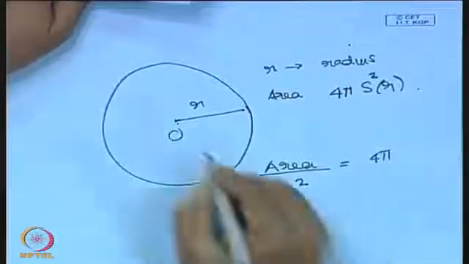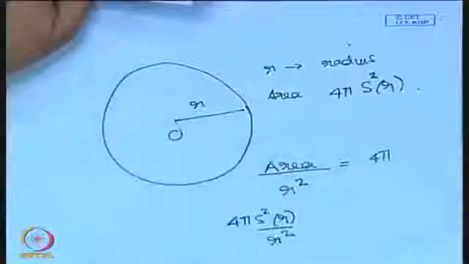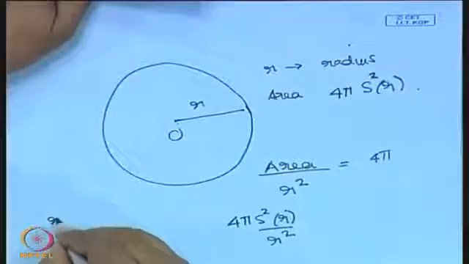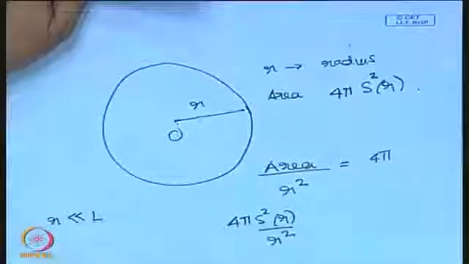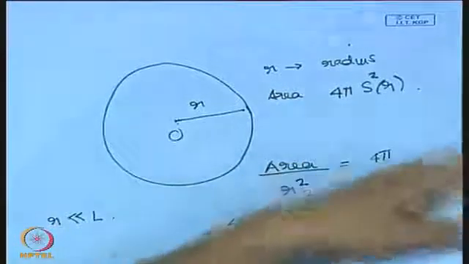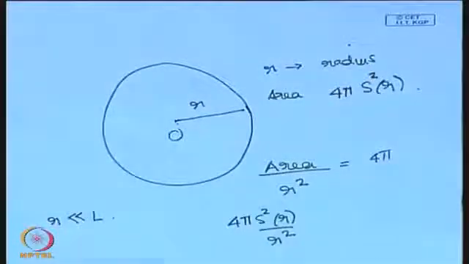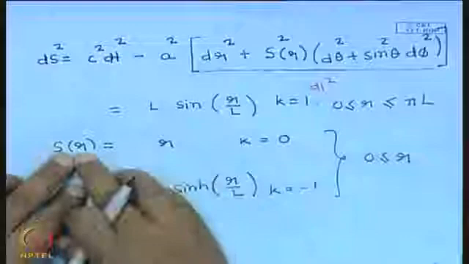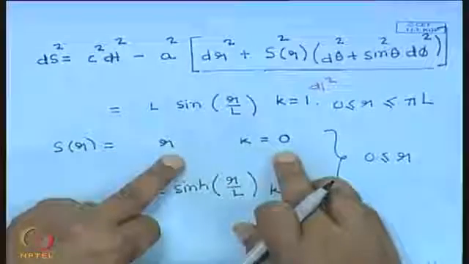For small spheres, how small should the radius be? If r is much less than the radius of curvature. Let me show you what we had written yesterday, and everything should be much clearer here. The function S of r is r if it is spatially flat.